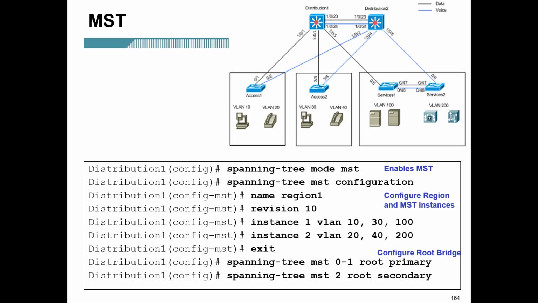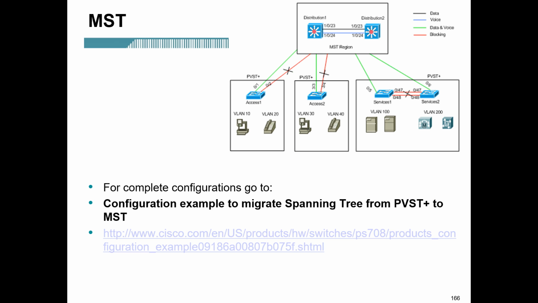So we can change it so that the first instance will be the primary root, and we can set the second instance to be a secondary root. On our Distribution 2 switch, same thing, except we're going to flip-flop those so that instance 2 will be the root primary and instances 0 through 1 will be the root secondary. For complete configuration guides for PVST to MST, double check Cisco's website.